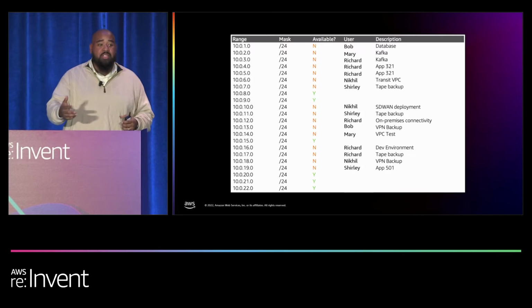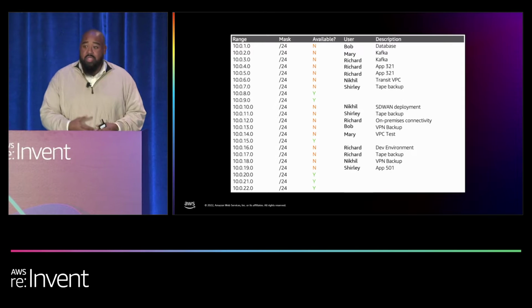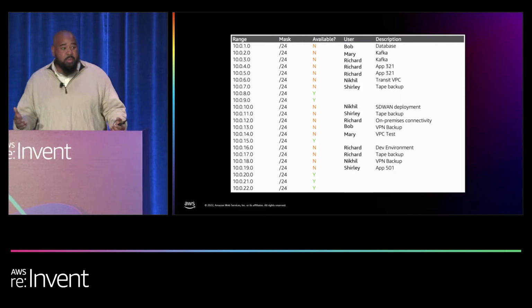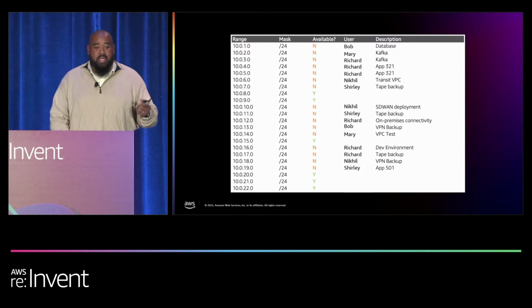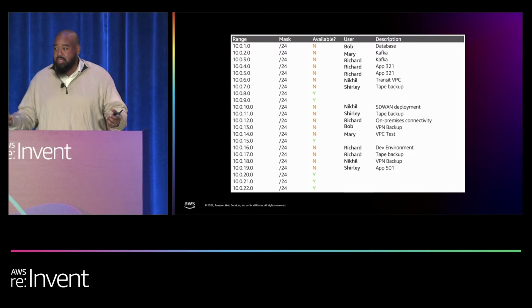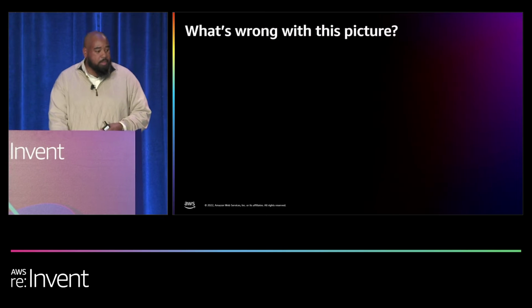Well, if one of my colleagues is in the spreadsheet, has it locked, I can't make the change. Or let's say it's Friday at 4 o'clock, and somebody asked me to add an IP address block. Well, I may add that IP address block, but it's 4 o'clock, I got to make a run, and I forget to update the spreadsheet. There are many challenges with this, so we can talk about some more of those.